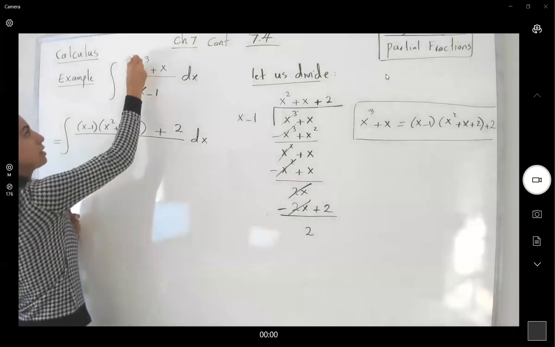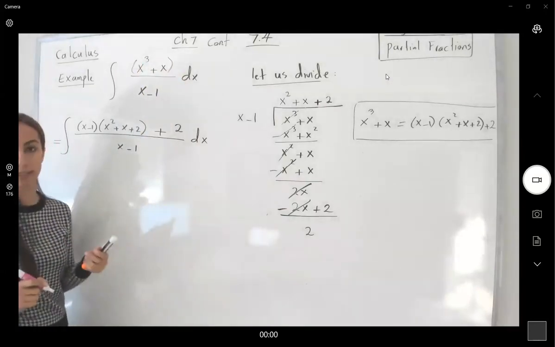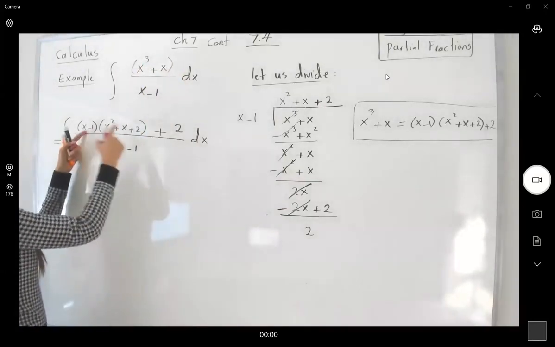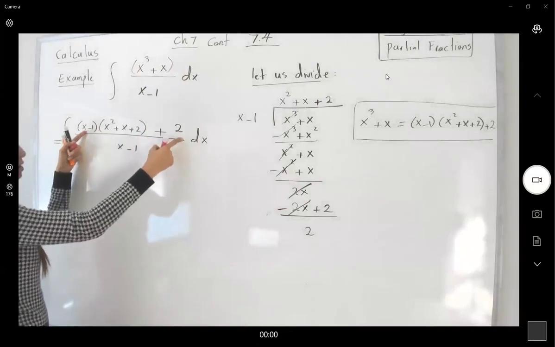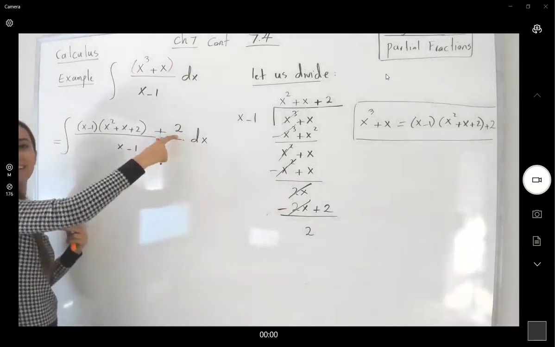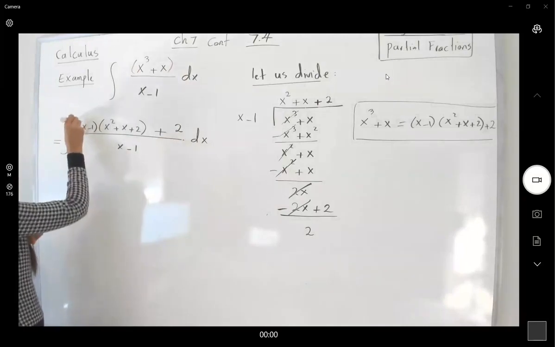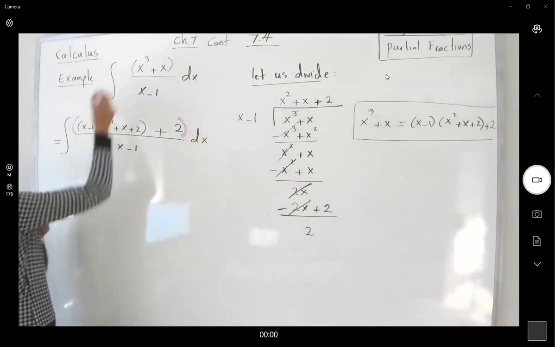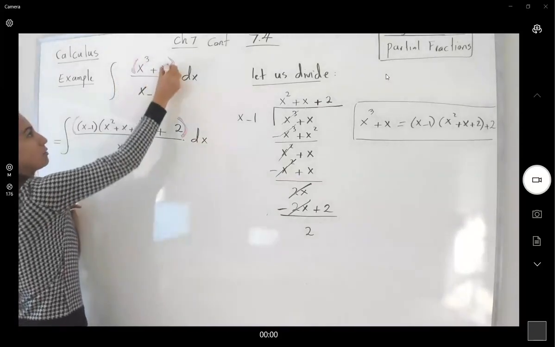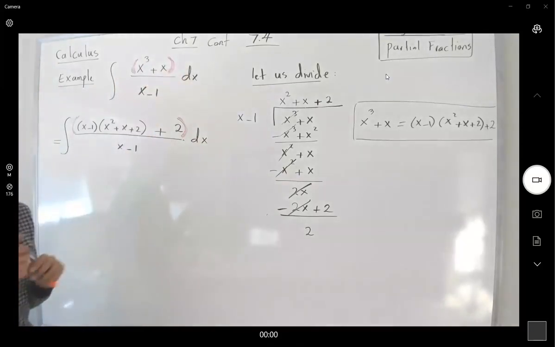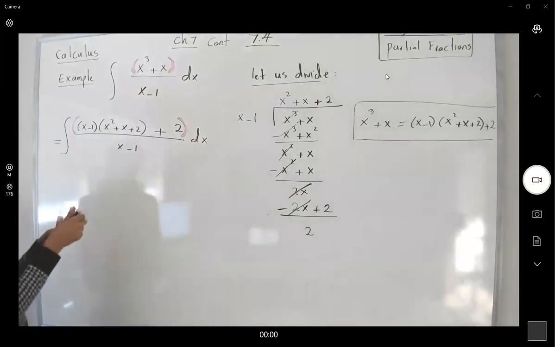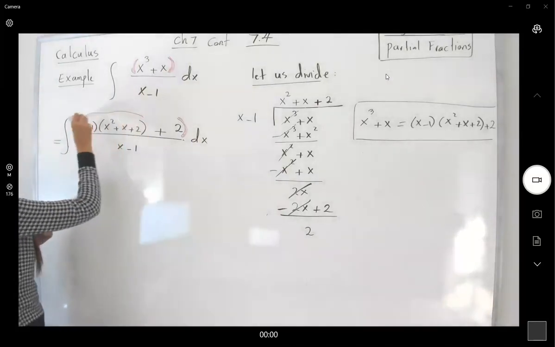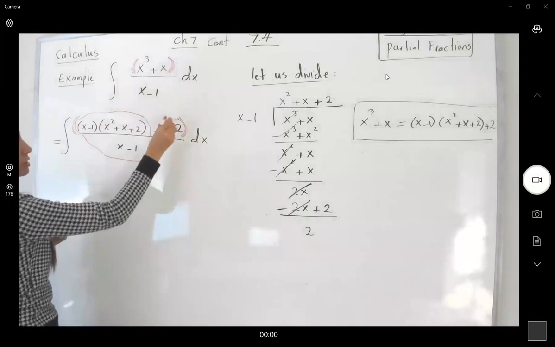Our numerator, x cubed plus x, is now this expression plus a constant 2. You see how we broke this down. Now let us do the division between these two fractions.